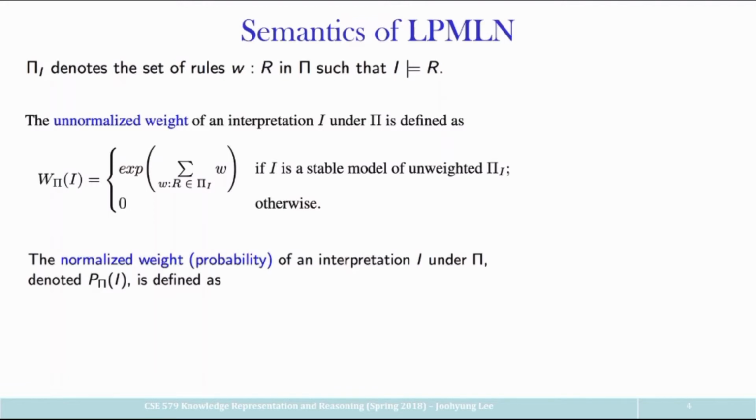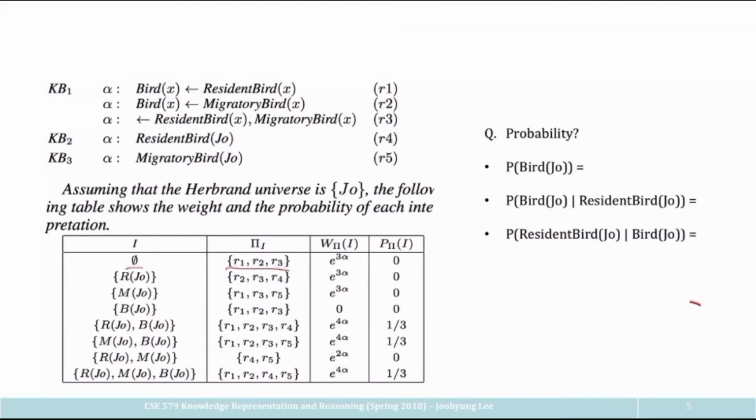All right, once you have that, the normalized weight, also called probability, is just this: you add up the weights of all interpretations, and that's the normalization factor. So we talked about this example before. For each of the interpretations, you have to find which subsets of the rules are true. This subset can be different depending on which interpretation you choose.